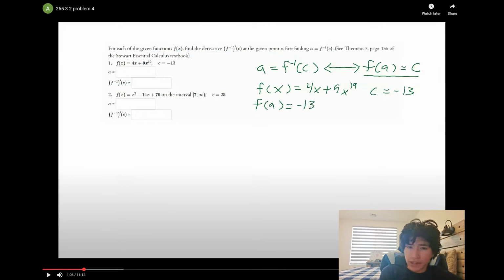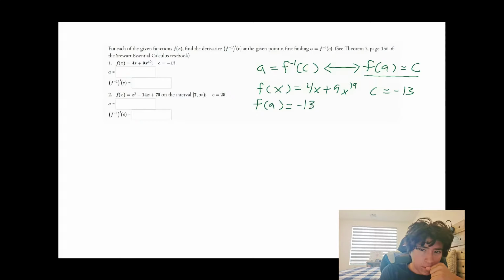I understand what he's saying, but I'm trying to understand why. We're trying to do that so we can say that f inverse of -13 equals that a.